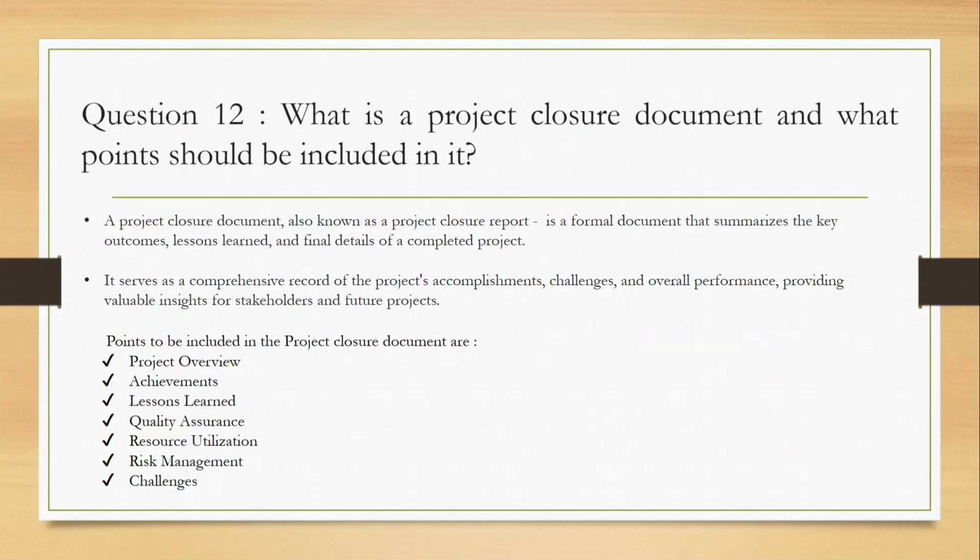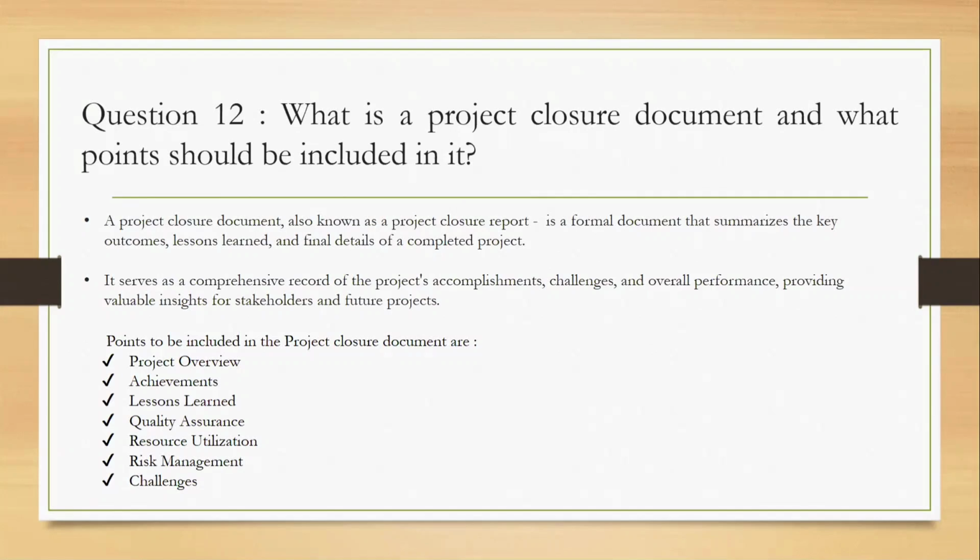This project closure document, also known as the project closure report, is a formal documentation of each and every summary part of whatever we have done in this project. So whatever lessons we learned through this project, why this project was initiated, the overview of the project, and what we have achieved through it.